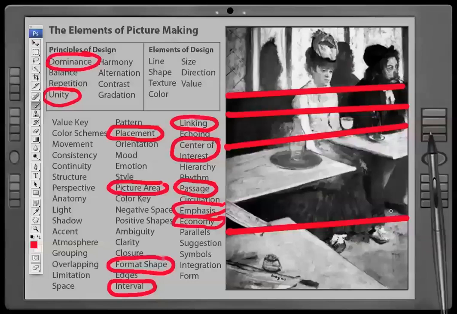It also applies to unequal intervals of values found on the value scale that you'll be learning about later on in the course, and also unequal intervals of color on the color wheel that you'll also be learning about. So these intervals of space need to be irregular, not the same, in order to add the greatest amount of interest to a composition.